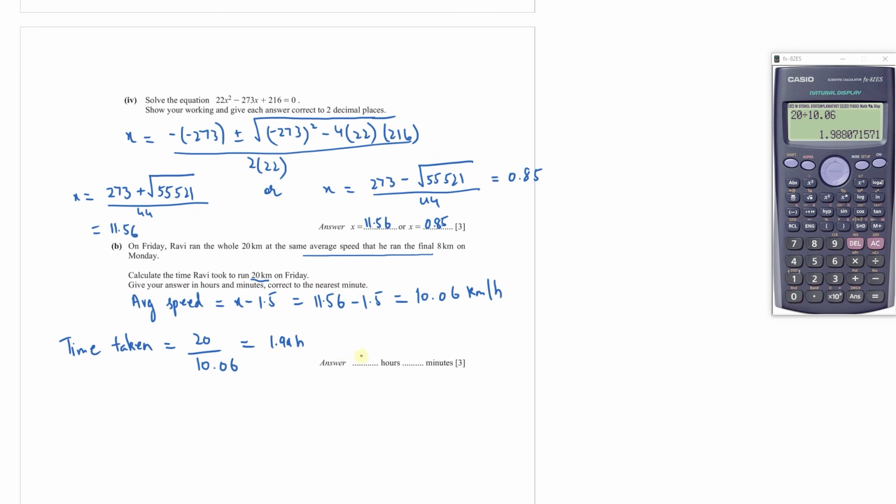This is 1 hour, and to convert 0.99 into minutes, I will simply multiply it by 60 because 1 hour is 60 minutes. So this is 59.4 minutes, and you have to give your answer correct to the nearest minute. So 59.4 to the nearest minute will be 59. So this will be 1 hour and 59 minutes.